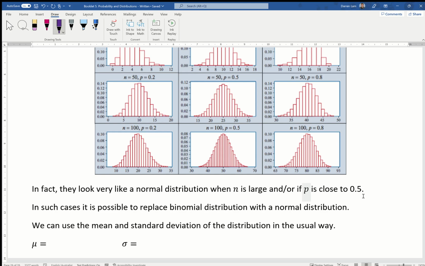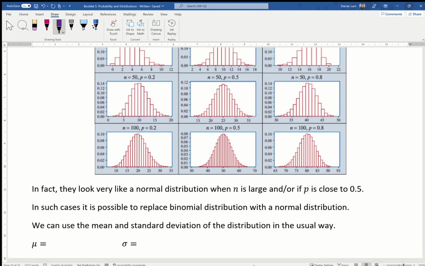For example, the one we looked at in the last lesson was about how, even though you can't have negative lengths of metal rods or negative time taken to complete a certain task, we still go from negative infinity to whatever value, because we're replacing it with a normal distribution.